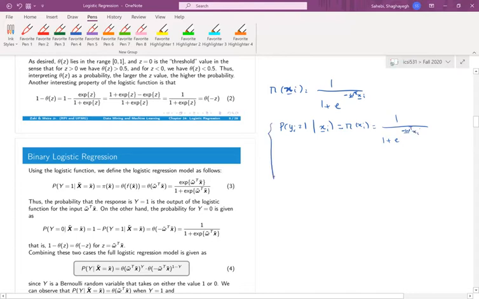And whenever yi is equal to 0, the probability of yi equal to 0 given xi is 1 minus pi of xi, which is basically pi of negative W transpose xi, so 1 over 1 plus e to the W transpose xi.